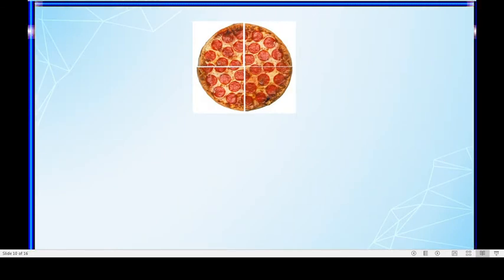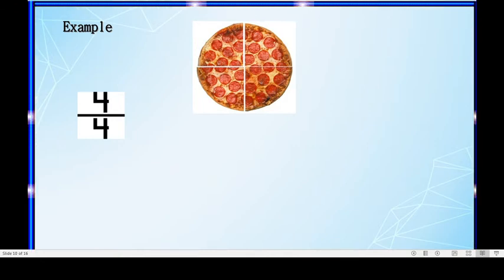Ooh, it looks yummy. We have another example here. We have a whole pizza, and it shows 4 over 4 or 4/4.